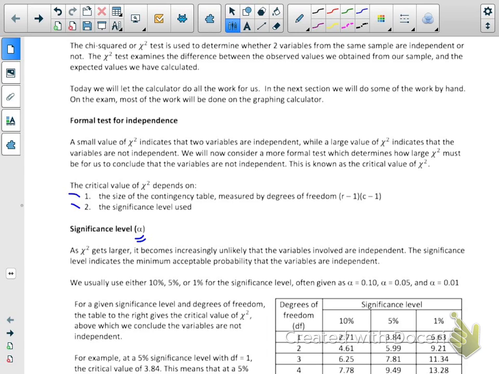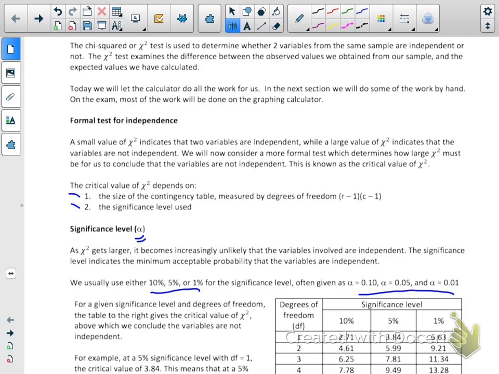The significance level indicates the minimum acceptable probability that the variables are independent. So again, it's how certain you need to be about this. Normally you're going to use 10%, 5%, or 1% as your significance level. We need to think about those as decimals. So that's actually going to be an alpha of 0.1, 0.05, or 0.01.